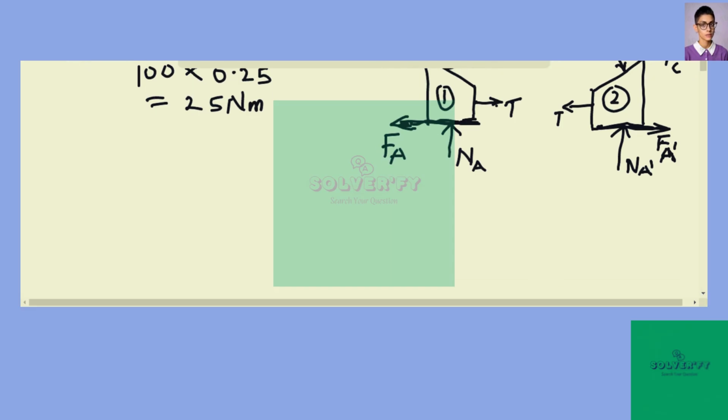So we can now look for the lead angle. For the lead angle, all we need to do is apply the arctan of the lead over 2 pi r, and this information is there already.